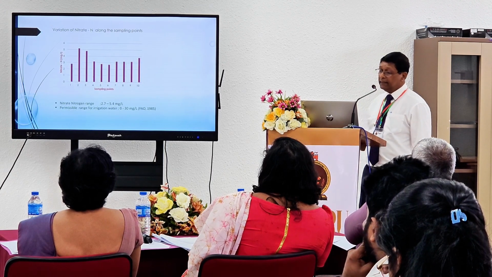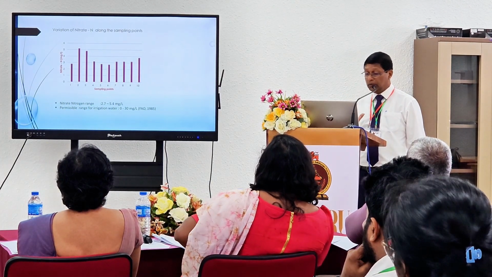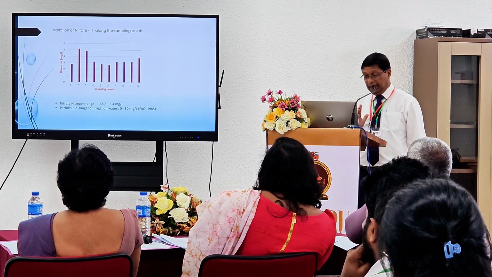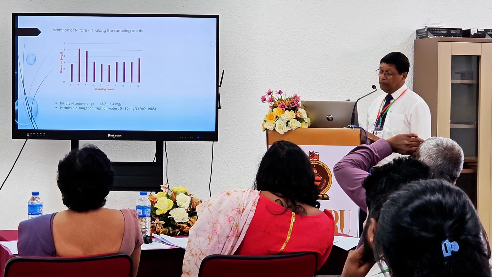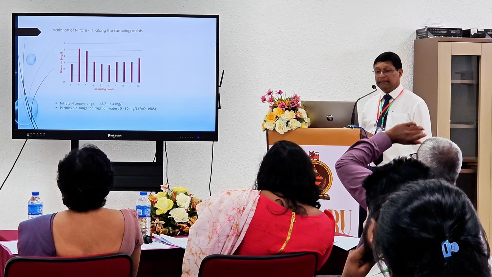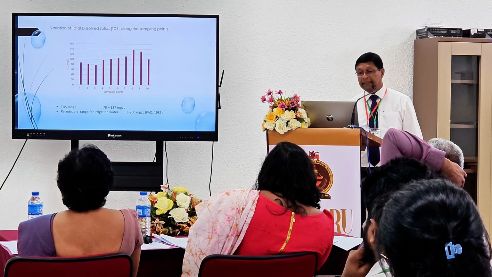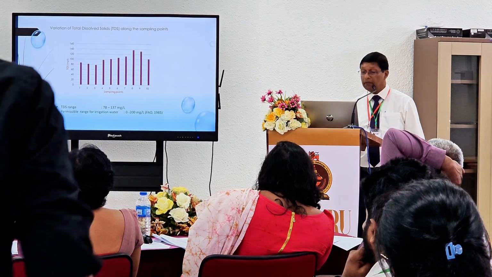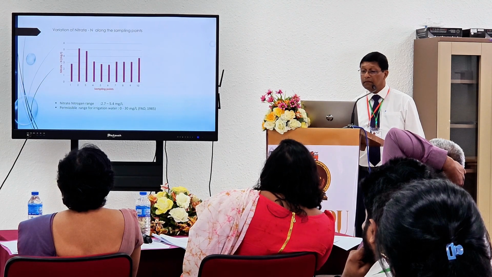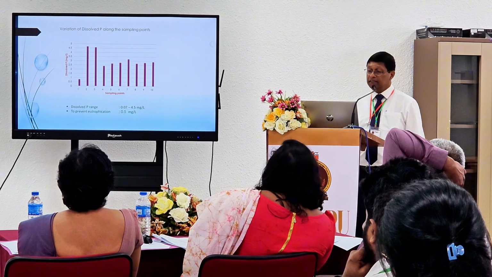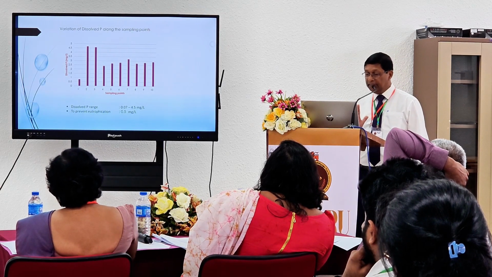Then one interesting finding: the nitrate nitrogen levels are within the permissible range for irrigation water, but sampling points 2, 3 and 4 show a little bit higher nitrate nitrogen levels. The same thing we can observe in the dissolved phosphorus content, where there was a significant difference among sampling points.